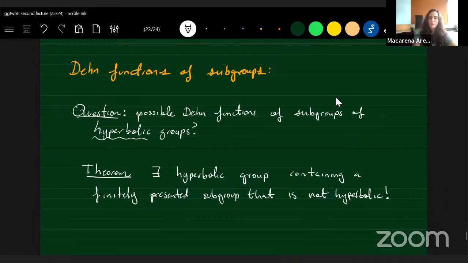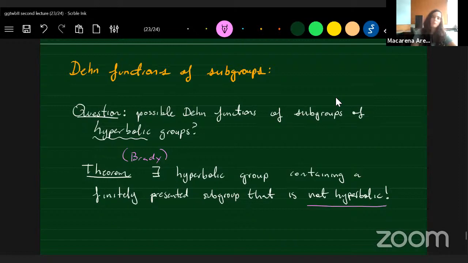And it's a theorem of Brady that there is a hyperbolic group that has a finitely represented subgroup that is not hyperbolic.